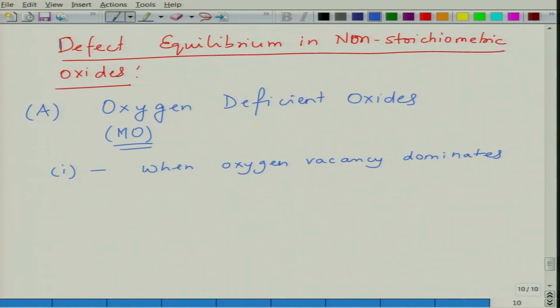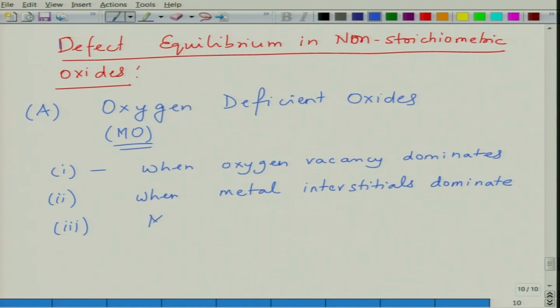The first scenario is when oxygen vacancies dominate. If you have oxygen vacancies, you can also have metal interstitials. And the third scenario could be mixed, when both are present.